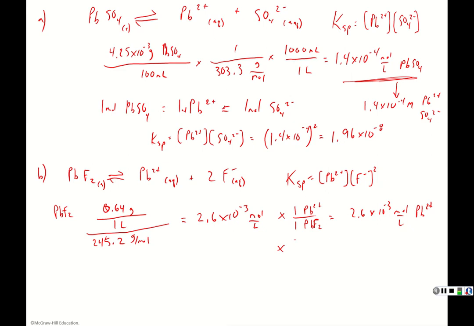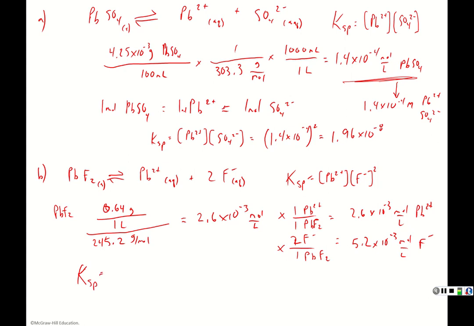The concentration of F- now, there's 2 moles of F- for every 1 mole of PbF2. So we'd multiply this by 2. So that would be 5.2 times 10 to the minus 3 moles per liter for F-. Now we can plug this into our KSP expression, right?